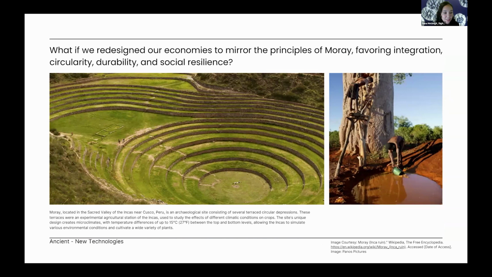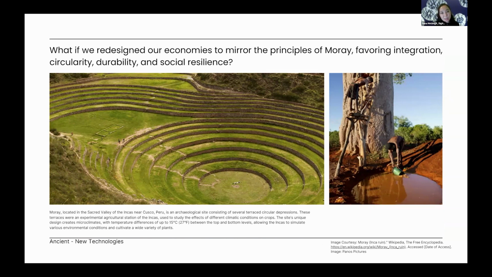So as you can see in this image, it's Moray, located in modern Peru. It's in the Sacred Valley of the Incas near Cusco. It's an archaeological site consisting of several terrace levels, where it was an open agricultural laboratory, testing out different soils to grow different types of plants and so on.